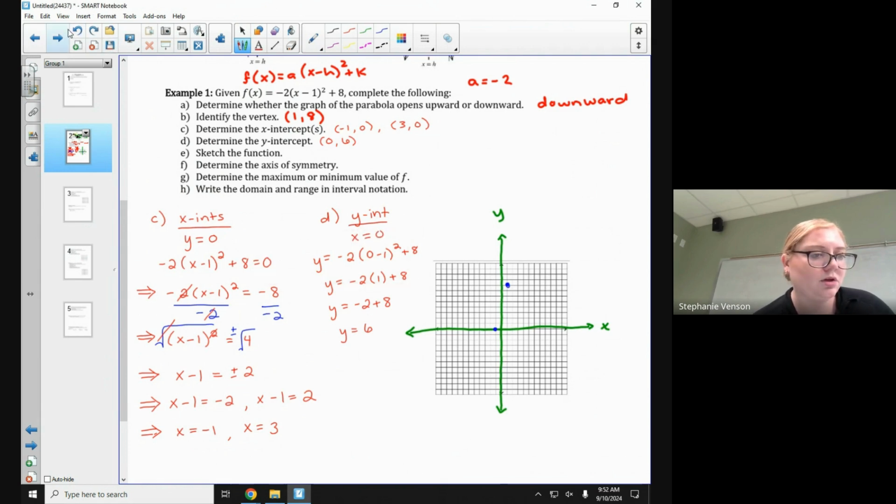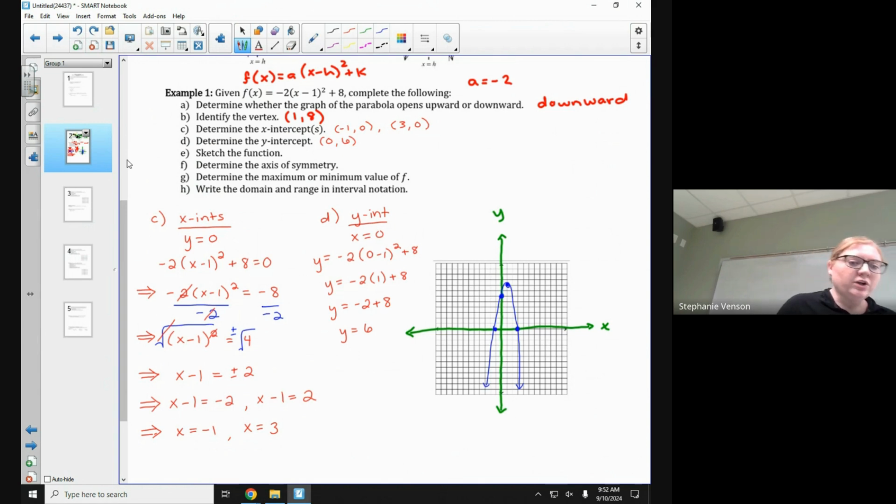There we go. Okay. And 1, 2, 3. There we go. That looks better. Okay. And then we also have a y-intercept at (0, 6). All right. And then we're just going to draw the prettiest parabola that we can through those points. Easy enough? Okay. And yeah, this is the easier one. I mean, they'll get harder, but the steps that they ask you to do don't change.